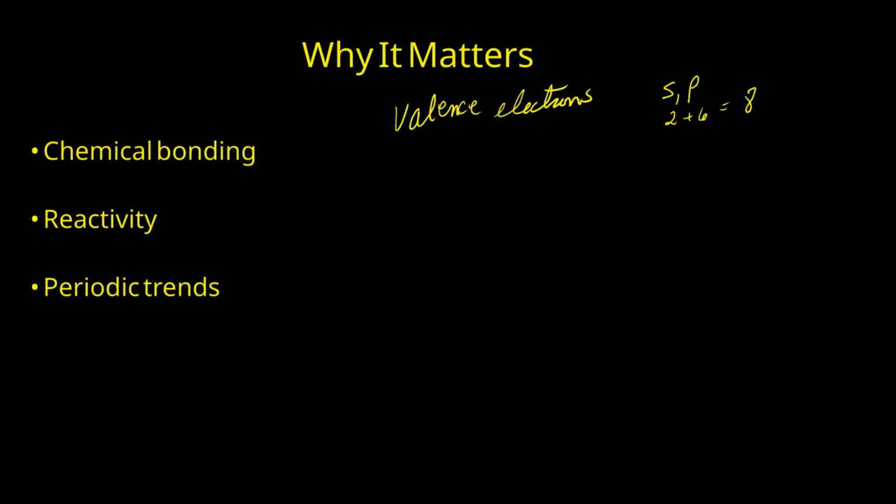Atoms form chemical bonds because their resulting electron arrangement is more stable, often resembling a full outer shell. So I can have two types of bonding here: ionic bonding as well as covalent bonding. For ionic bonding, electrons are transferred, okay?